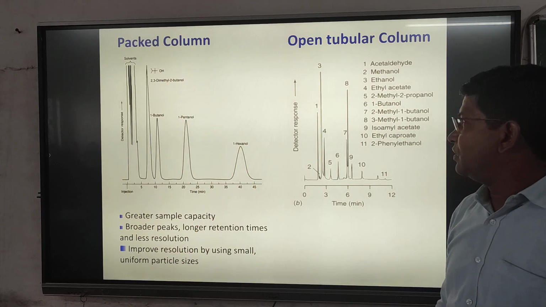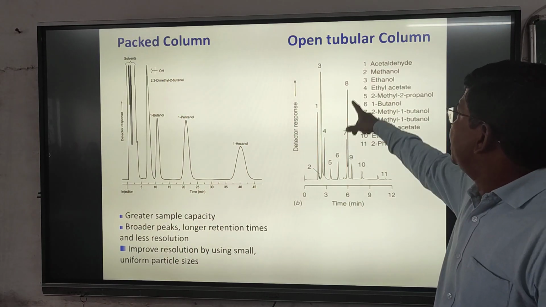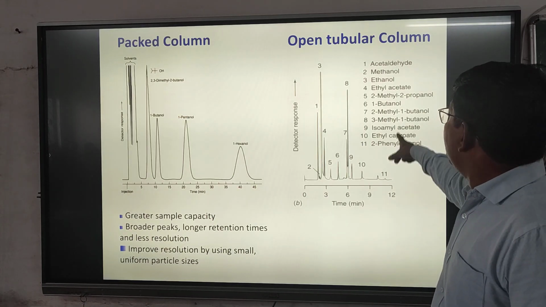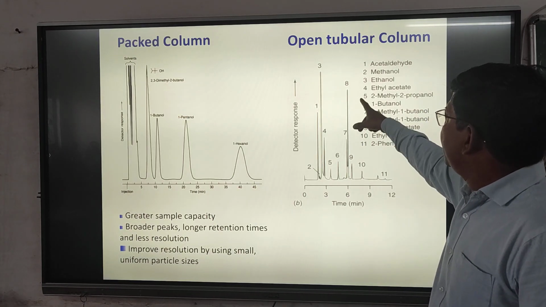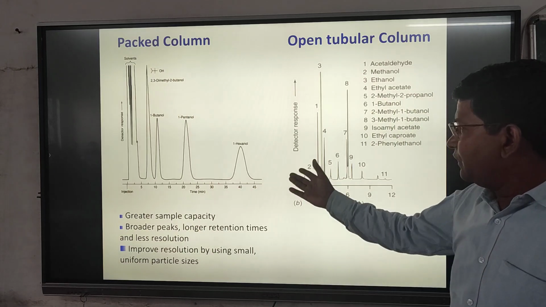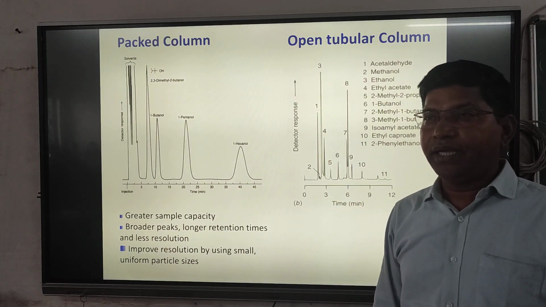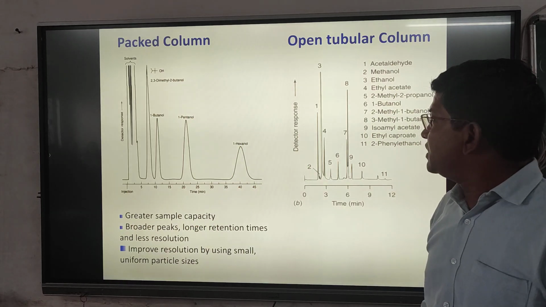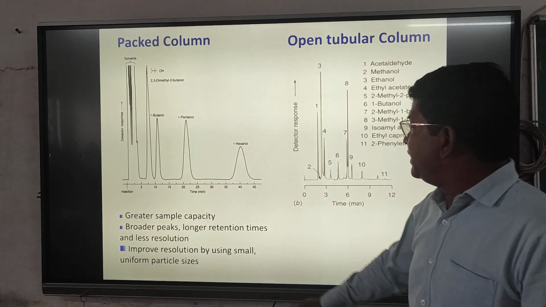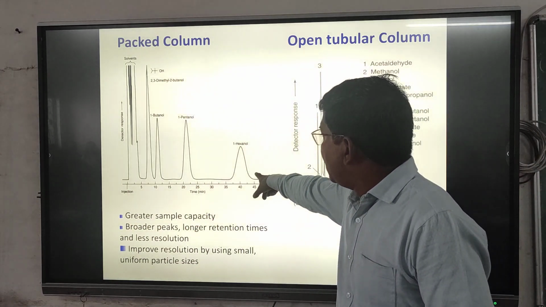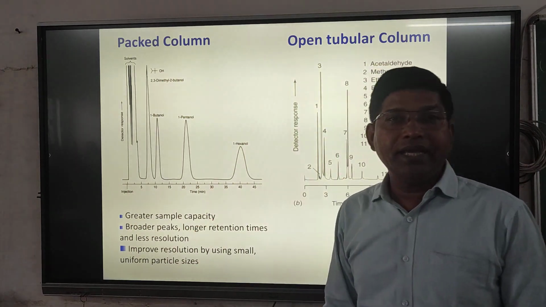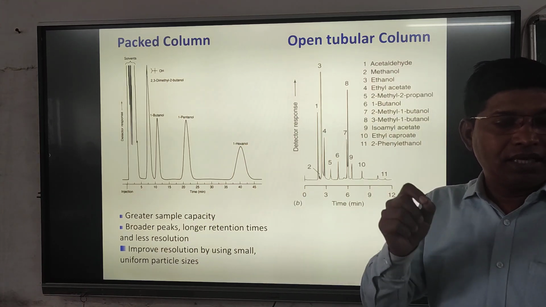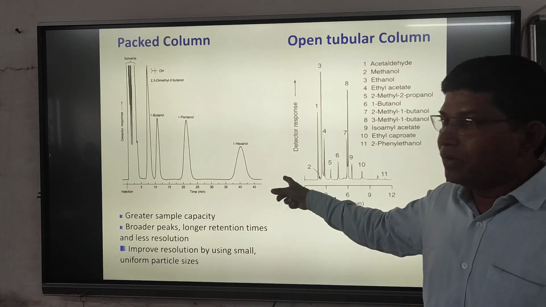And when you inject your compound in a capillary column, we will see a greater number of compounds using the open tubular column. So with this gas chromatography chart, what are the important findings? Here we can see the compounds are less resolved. So there is less resolution of a compound mixture.